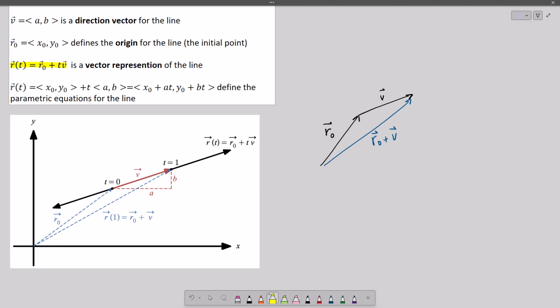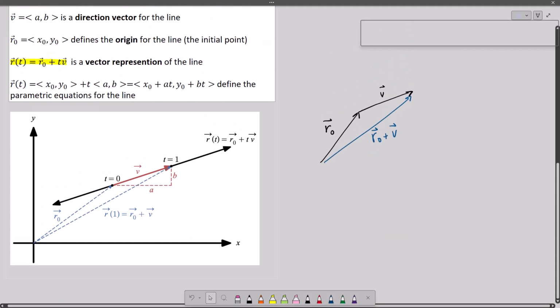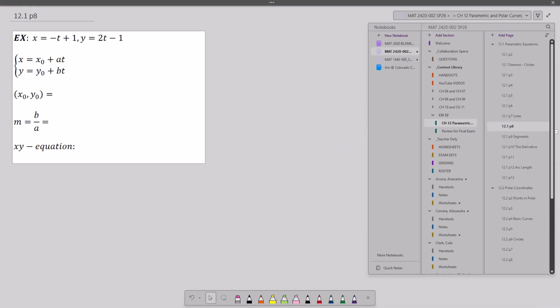A 3, you would be right there. A -1, you would be over here. So this t is going to take you up and down that direction vector and create the entire line. So if you're into vectors, you can think of it that way. If you're not into vectors, it won't be long before you have to get into vectors. Once you get into Calc 3, you do tons of vectors, and in Physics 2.